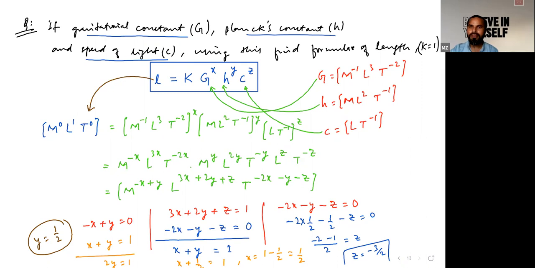Iram, have we got the same answer? Tehad, check your calculation. z would be minus 3 by 2. Okay, now we have to put these values in this expression.